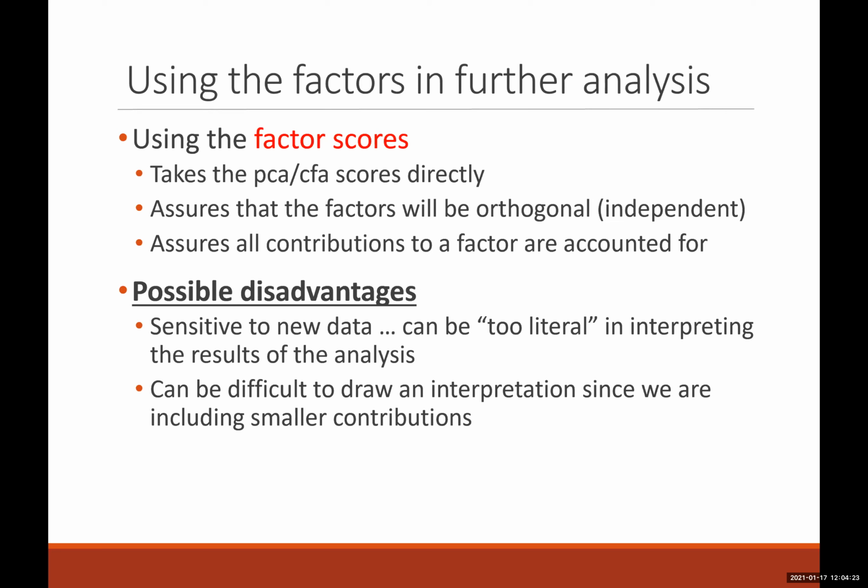So a possible disadvantage to using factor scores is that it might work for training data, but when we go to use it for a new testing data set, it might be sensitive and have errors and just not perform as well as it would with a training data set. Likewise, the factor scores may be difficult to interpret.